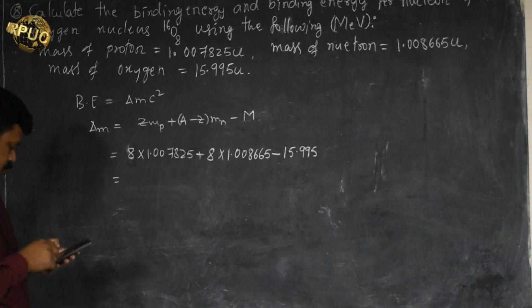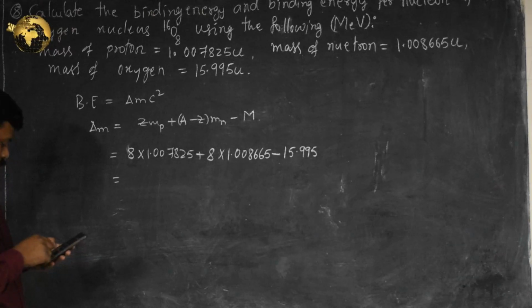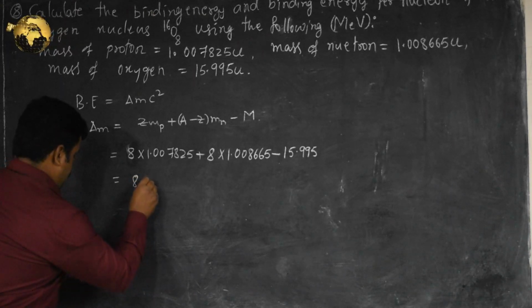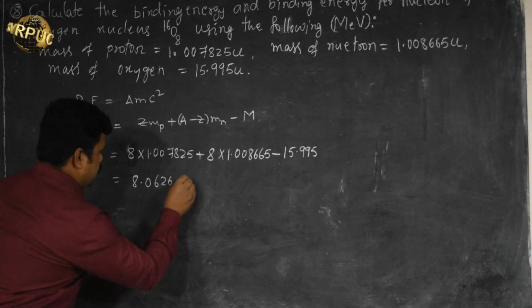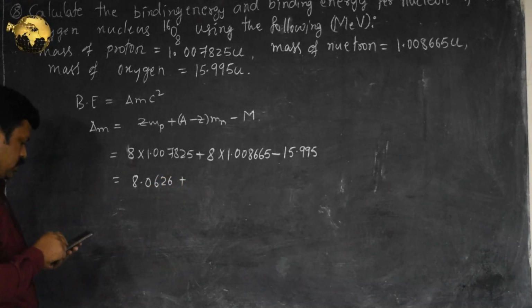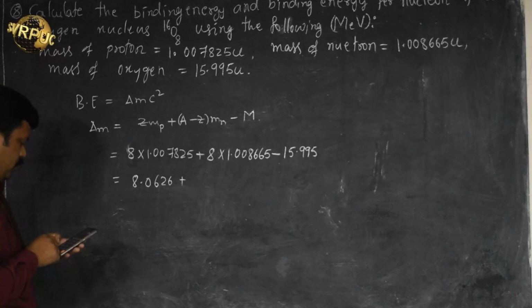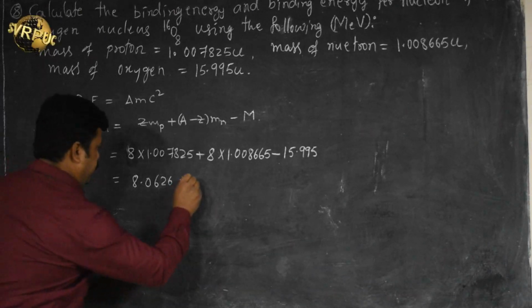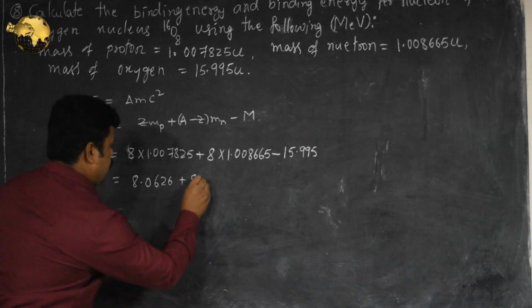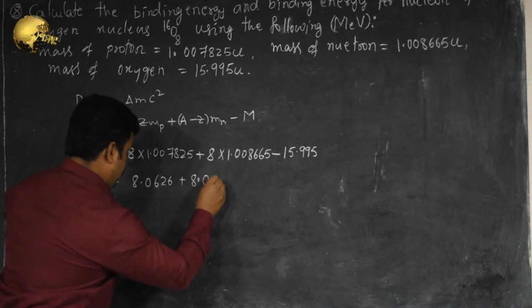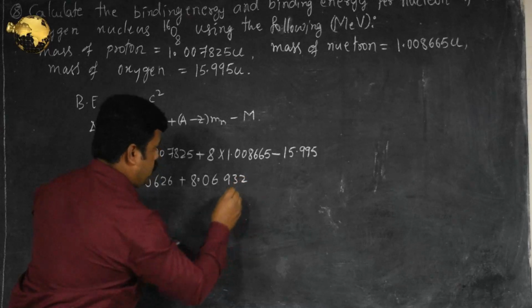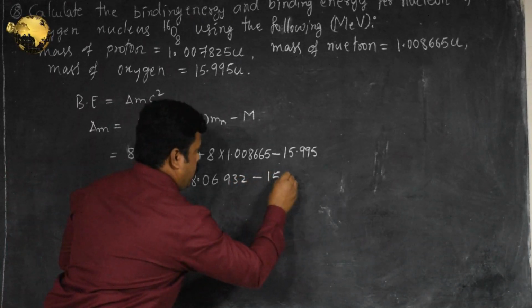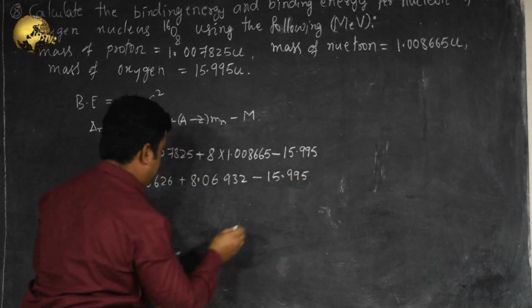So 8 into 1.007825 gives 8.0626, plus 8 multiplied by 1.008665 gives 8.06932, minus 15.995.